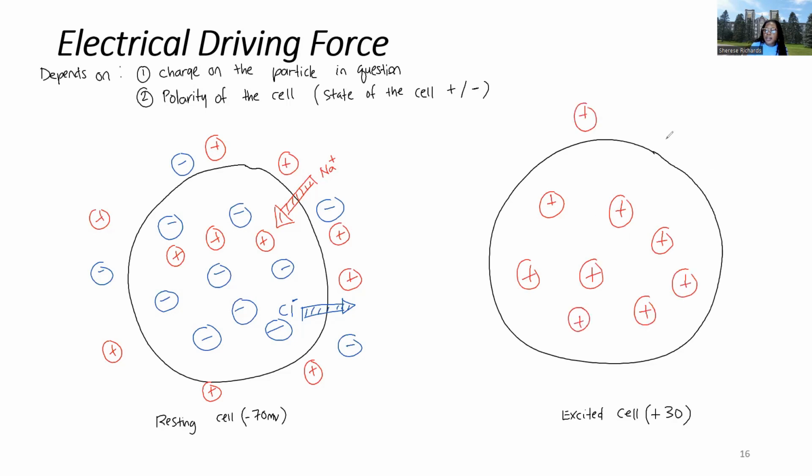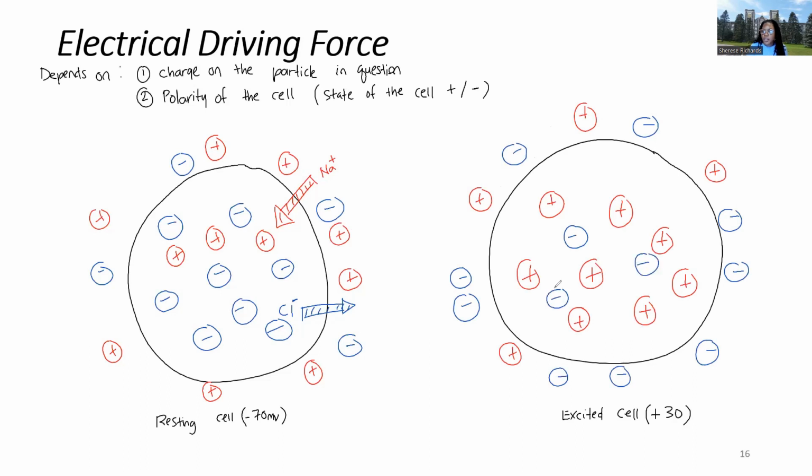The outside, lesser so. And then the outside is overwhelmingly negative, right? Abundance of negative charge on the outside here. And then the intracellular fluid, lesser so, okay?